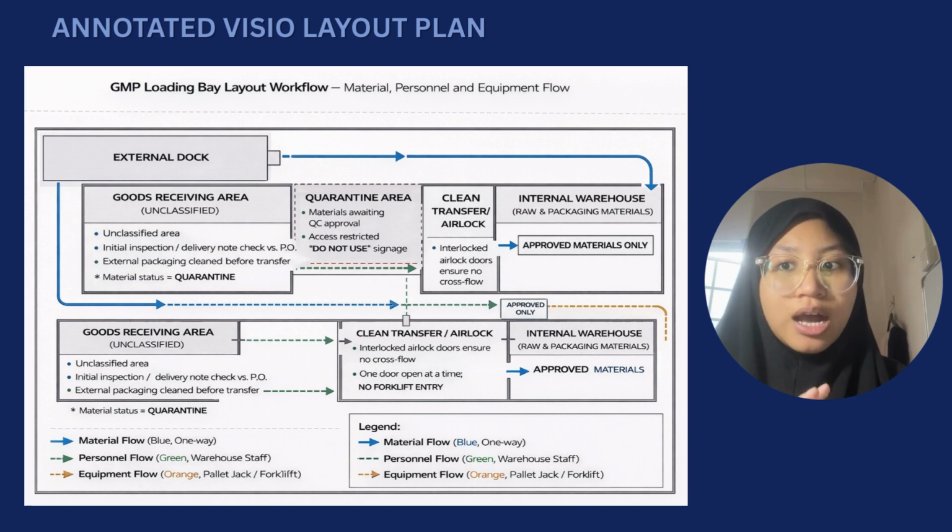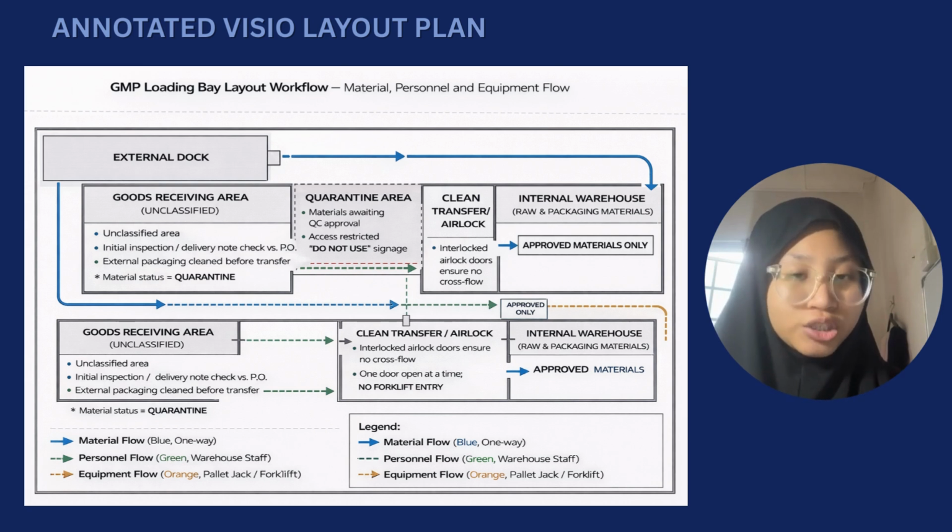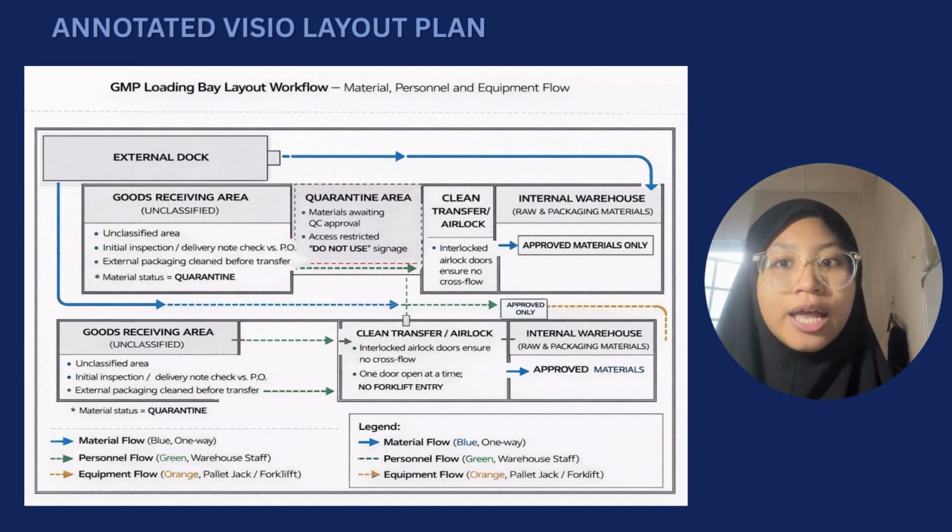Quarantine materials are stored in a physically segregated quarantine area, which has restricted access and clear do-not-use labeling to prevent unintended use. Once materials are approved by quality control, they are transferred through a clean transfer airlock with interlocked doors, ensuring separation between unclassified and controlled areas and preventing cross-contamination.